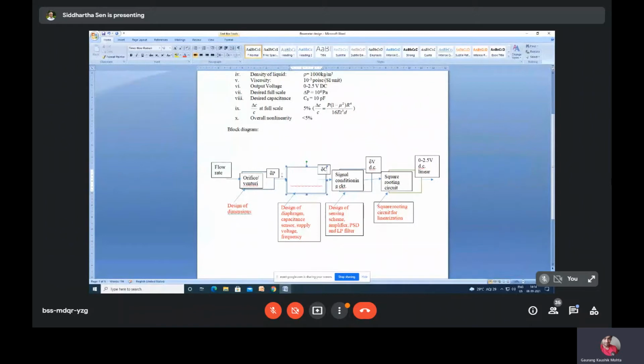And for delta P, you need a pressure difference to electrical signal conversion. You can use a diaphragm type pressure gauge.